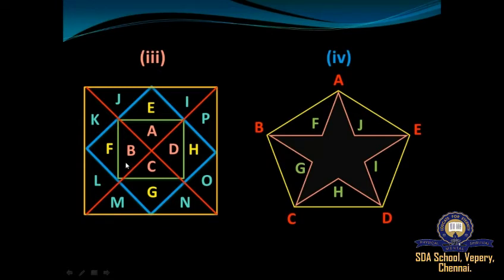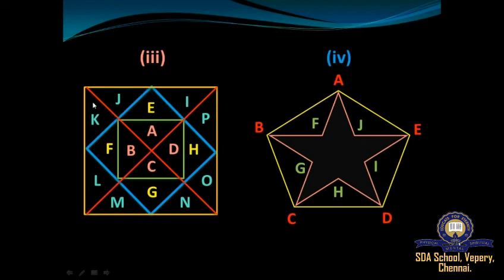When I combine two at a time, like A and B, it forms one triangle. Similarly, AD forms another triangle. Likewise, CD forms another triangle and BC forms another triangle, right?